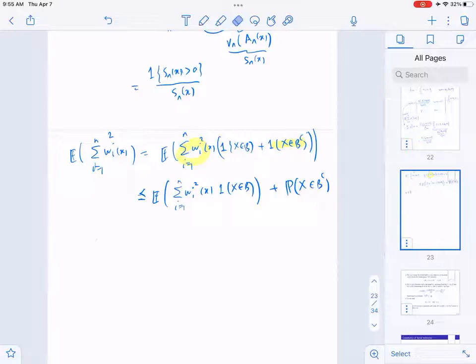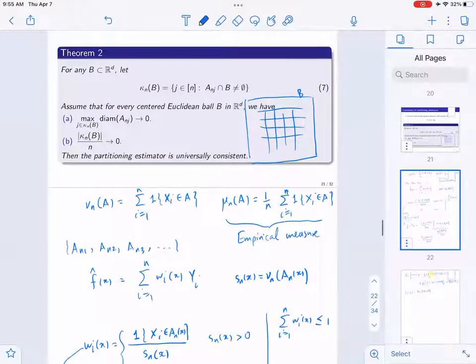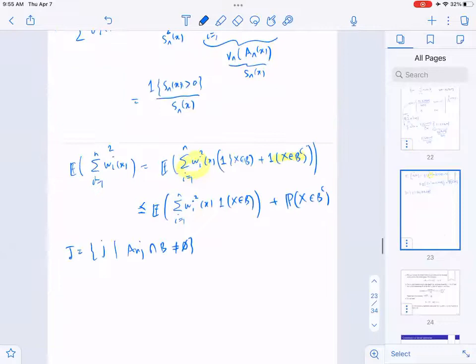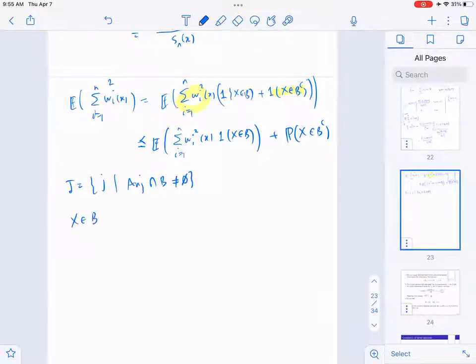What I want to define is, let J be the set of all the partition cells, not the data points, such that they intersect with B. All the cells that have some sort of part in B. Okay, so the set of all cells that have a non-empty intersection with B. So if X is in B, then it's covered by these sets. So then X belongs to A_j for some of these.